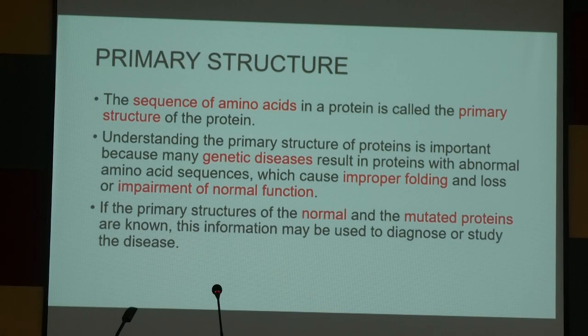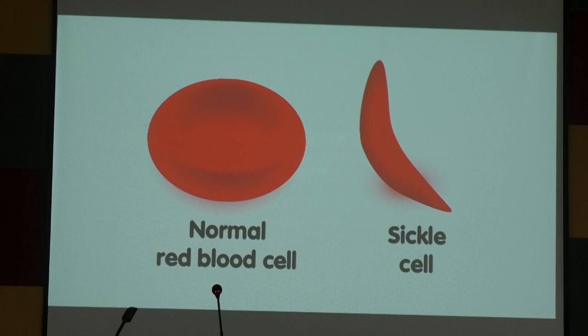So we have to know which one is normal and which one is diseased, and which amino acid has been changed in the sequence or in the order. So what is the normal structure of RBC, the red blood cells? It is circular and flattened at the middle.